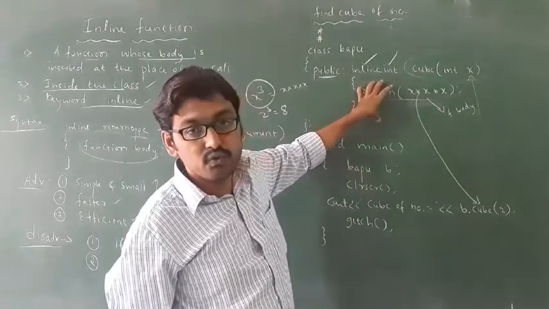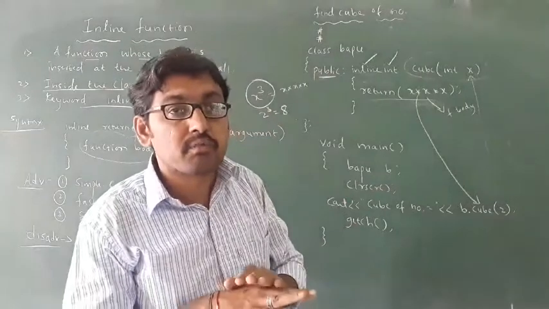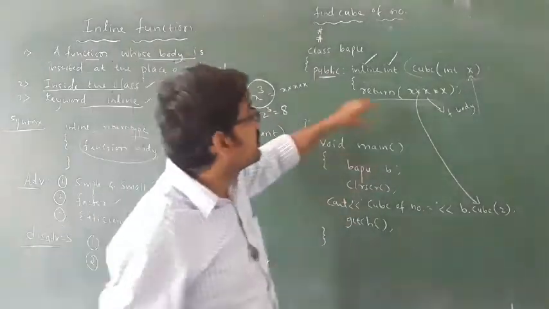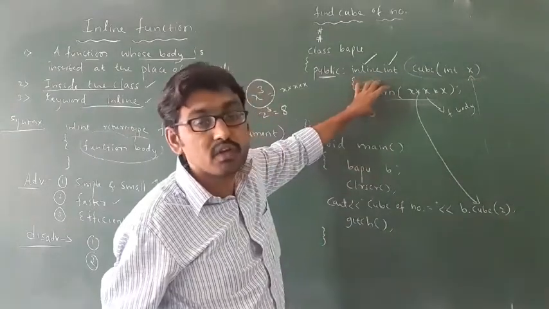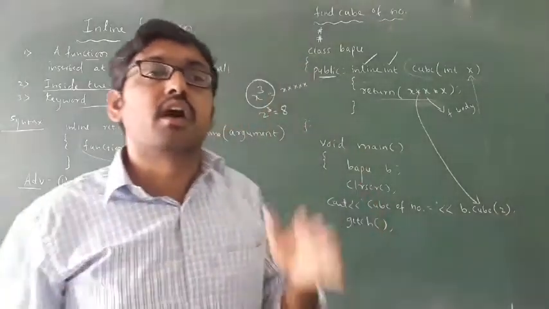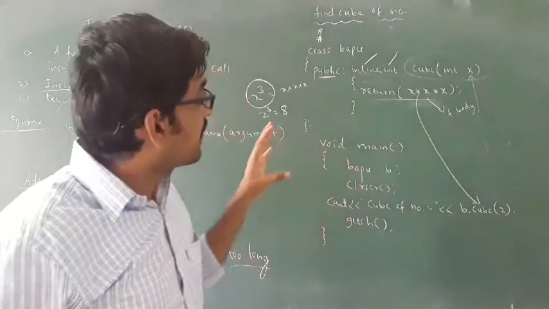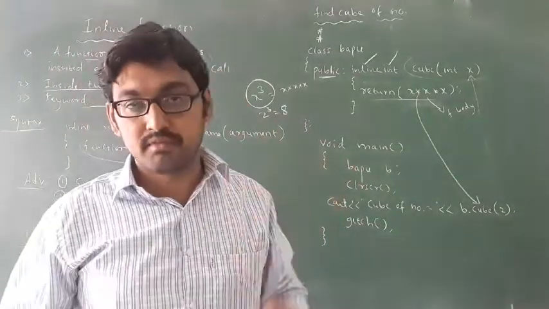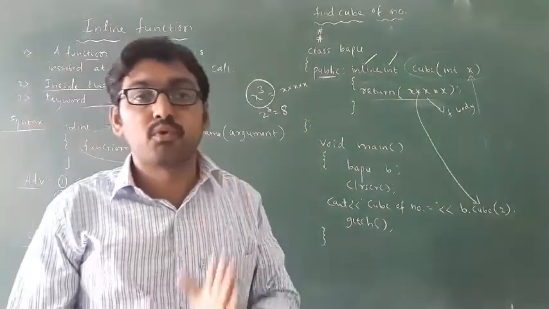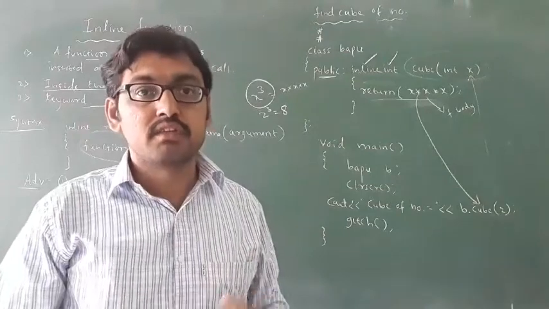If you use a switch statement or a goto statement in the function body, it cannot work. That is why inline functions are always used for writing small programs, to display small values. You have to remember this.